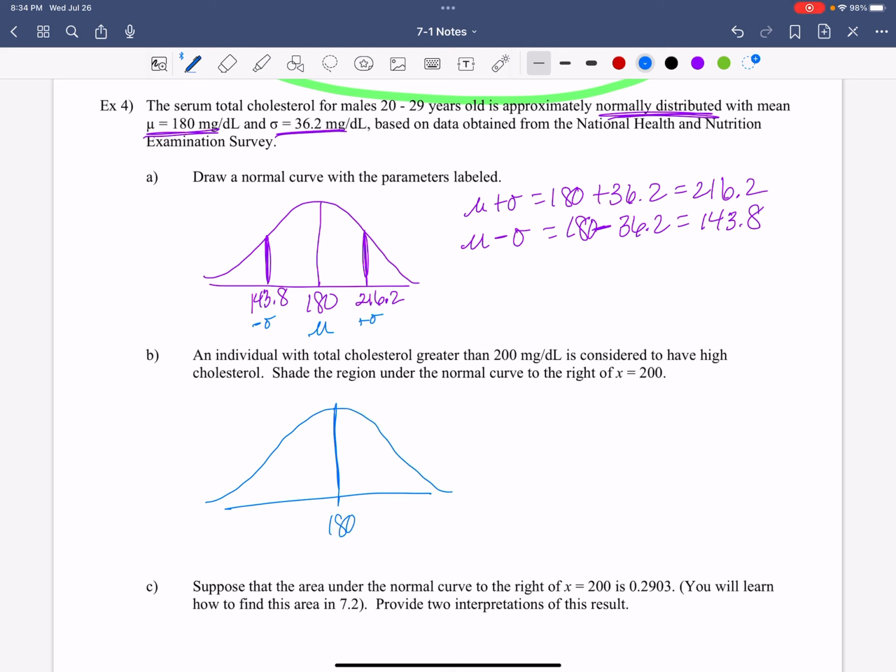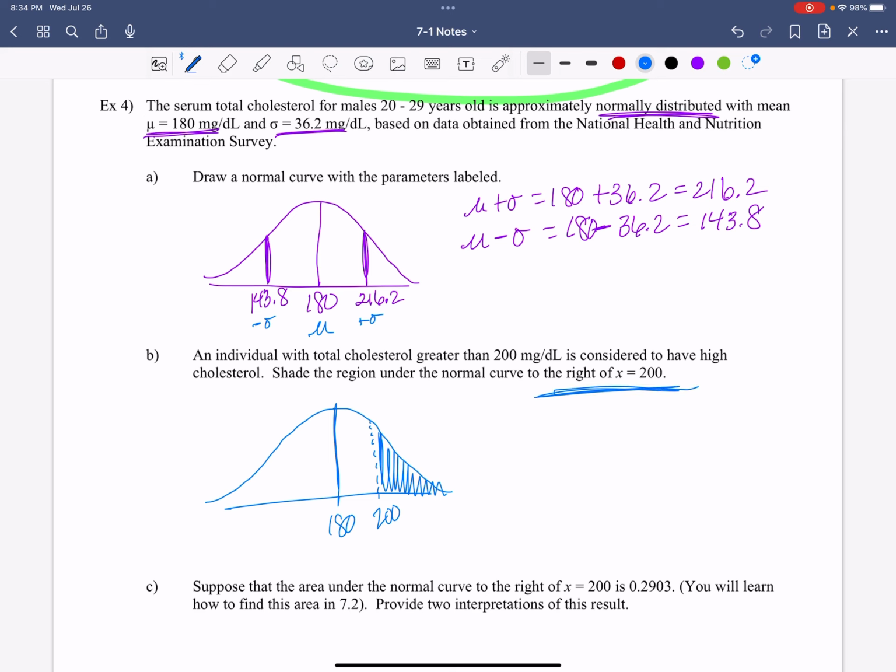So if this is 180, where's 200? It's not all the way to one standard deviation, but it doesn't have to be. That's why we have these kinds of problems. So just under one standard deviation, this is at 200, and then I'm going to shade underneath there to the right of 200.